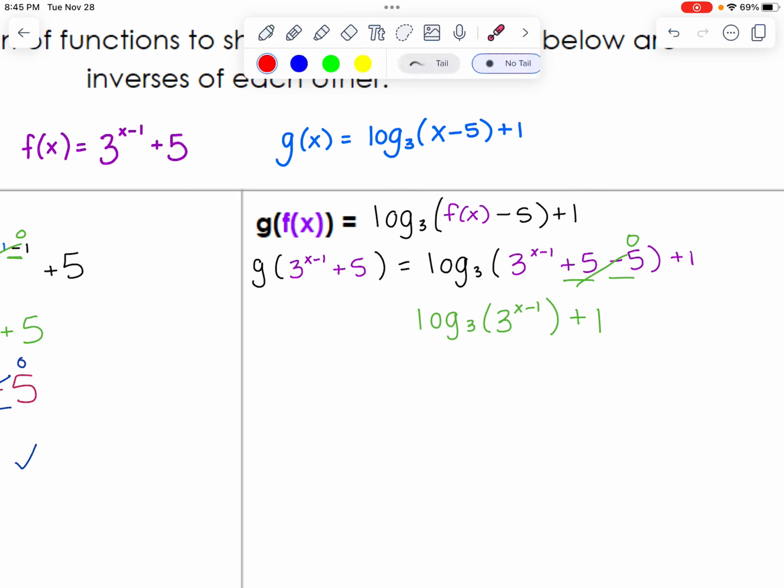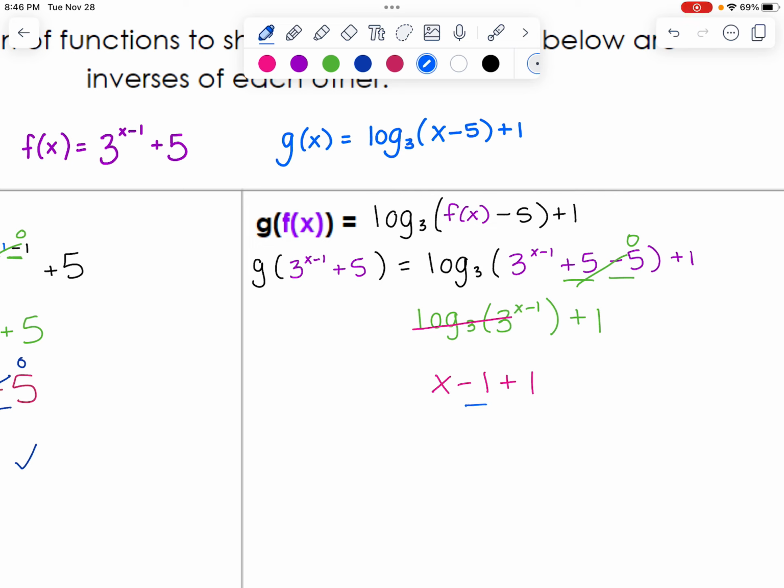Now again, with logs and exponentials, if you have a log and then you have an exponential inside that log that has the same base, then the log and the base of the exponential will cancel. So the whole log base 3 of 3 cancels. And the exponent that was inside the log now comes out of the exponent. It becomes x minus 1 plus 1.